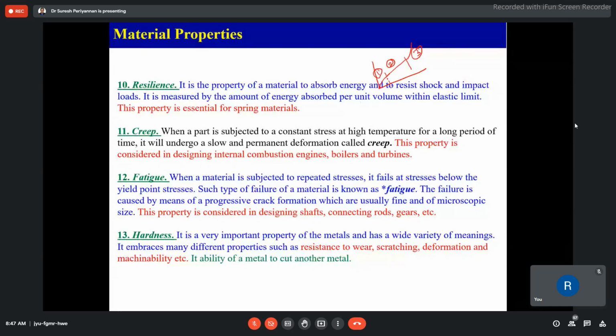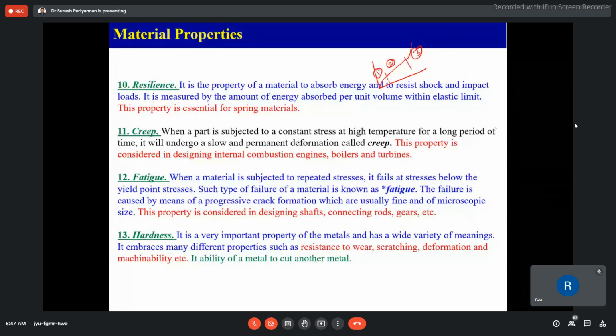We should study those material components before going for the design. So creep is very important. In thermal power plant components, creep is also a very important property. They have to study it before designing and manufacturing a new component.